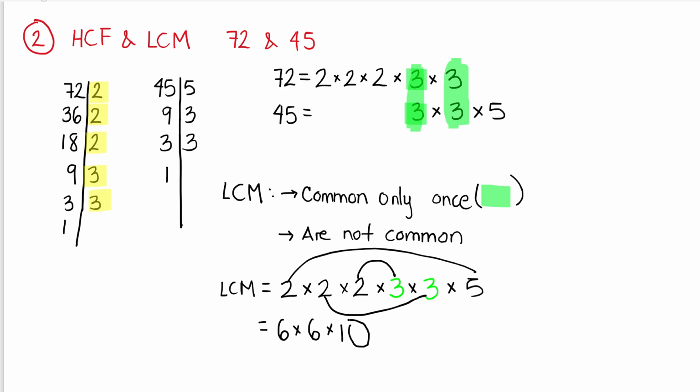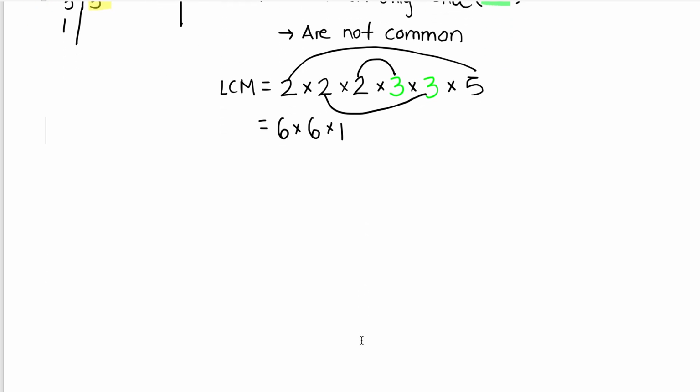I'm just going to go down. So this 10, good. And then I get that 6 times 6 is equal to 36, times 10 is equal to 360. So that's my answer for my lowest common multiple.